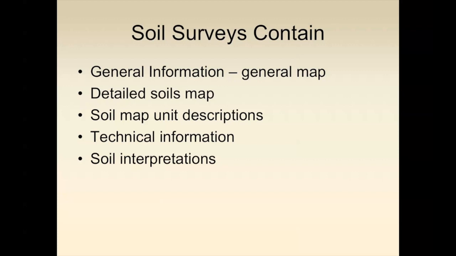Soil surveys contain general information, so you get a general map. They contain your detailed soils map and map unit descriptions. In other words, for each map unit, for each soil series, it'll give you a description of that soil series, what that soil looks like, up to 2 meters below the surface. It gives you a little bit of technical information, and it gives you soil interpretations. The technical information might be things like the average pH or the average cation exchange capacity.